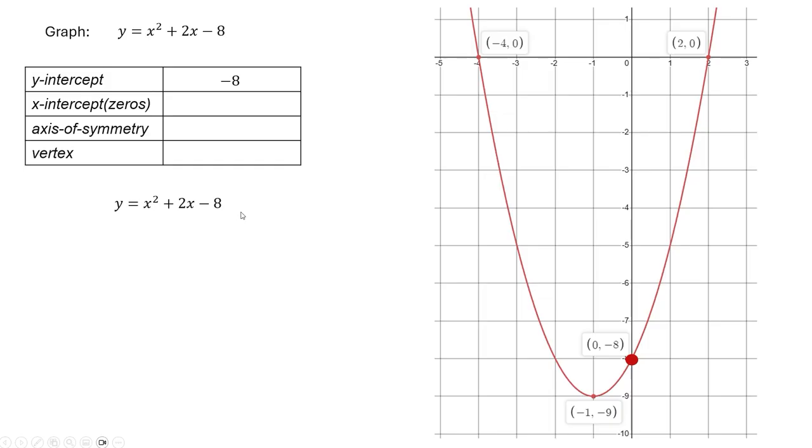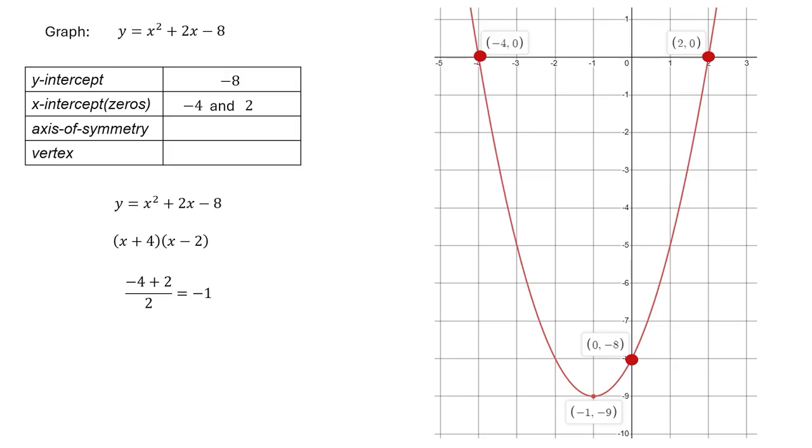So we're looking for a pair of numbers that multiply together to be negative 8 and add together to be 2. And that pair just happens to be positive 4 and negative 2, which will make our intercepts negative 4 and positive 2.